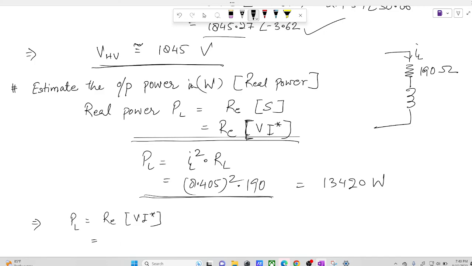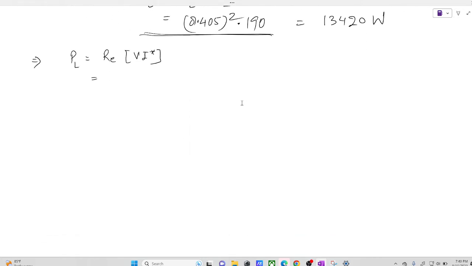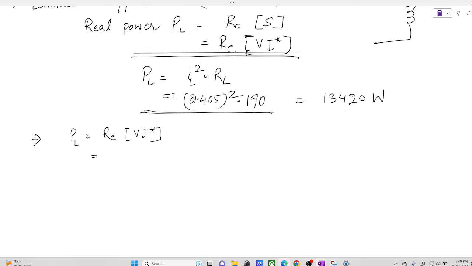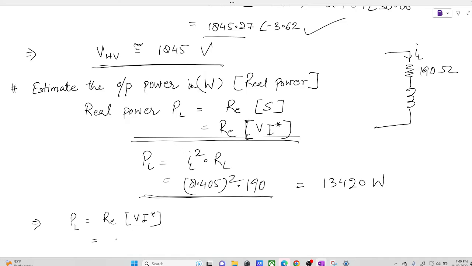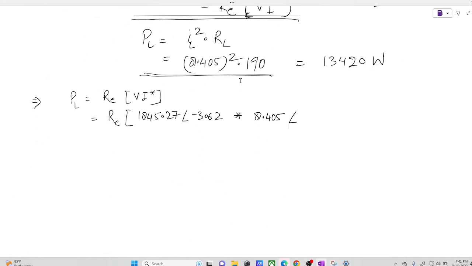So V is given as 1845.27 at an angle of minus 3.62, into I which is given as 8.405 at an angle of 33.69.